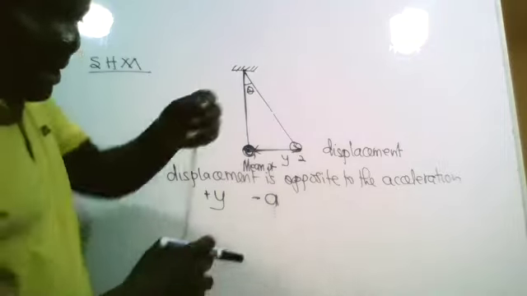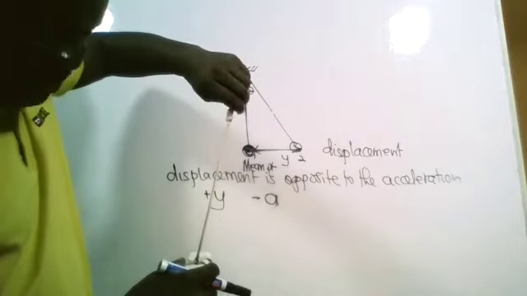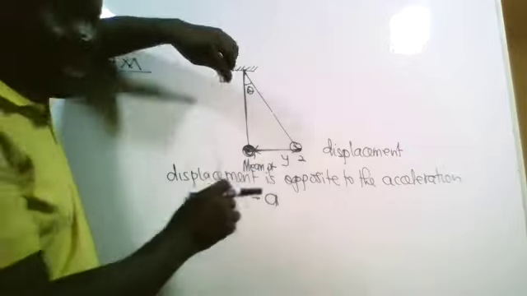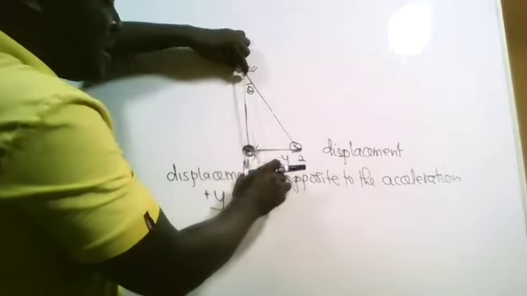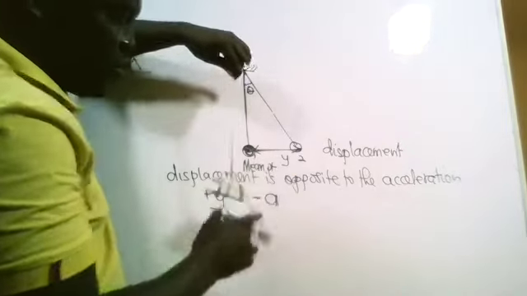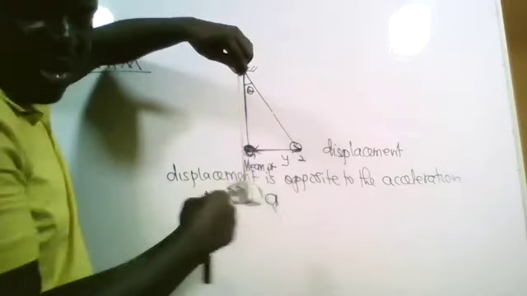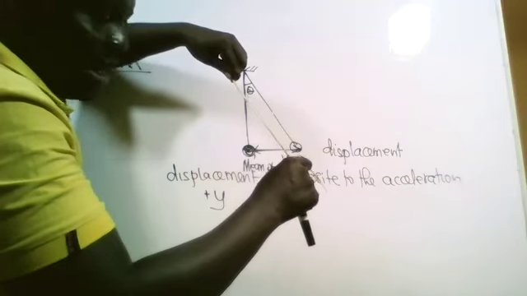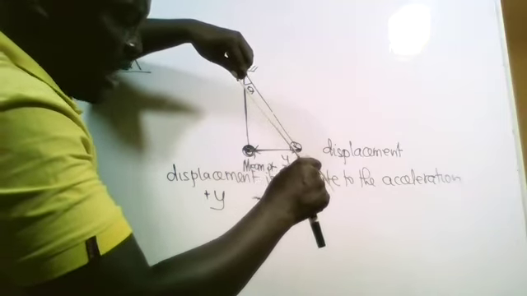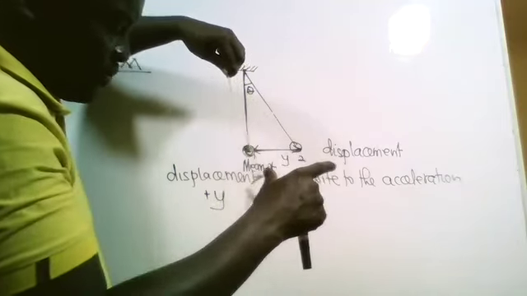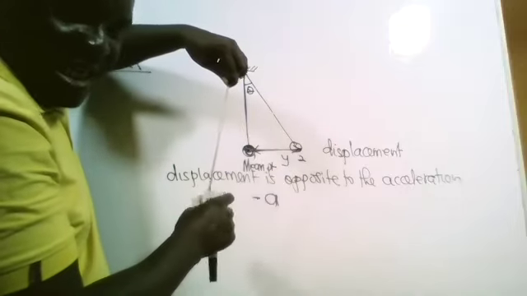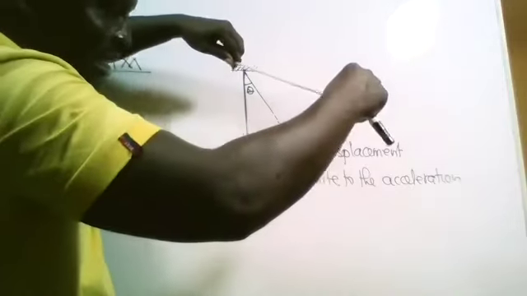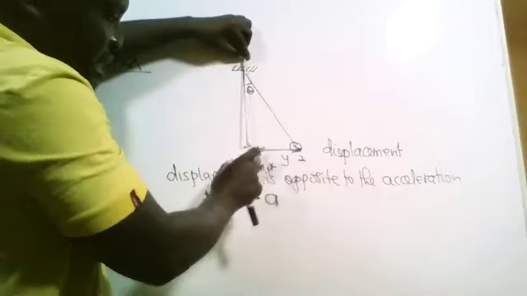The other feature is that when you give it small displacement, it would also give you small acceleration in the opposite direction. So when I move it small and leave it, it will move in the opposite direction also small. When I increase the displacement very large, let me bring it here.